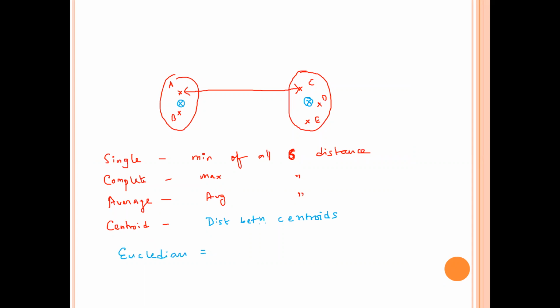Euclidean distance is xa minus xc squared plus ya minus yc squared, and then the square root of that, if I am trying to find the distance between A and C. That will be my formula for Euclidean distance. However, this is not the only distance that we use. We sometimes use Manhattan distance. Manhattan is basically the modulus of this.